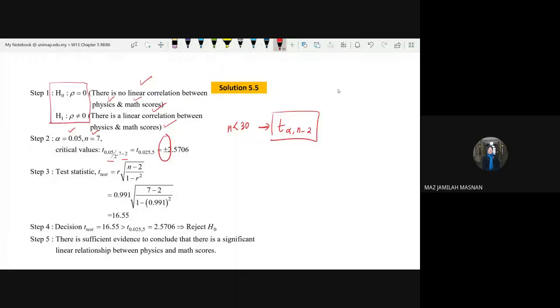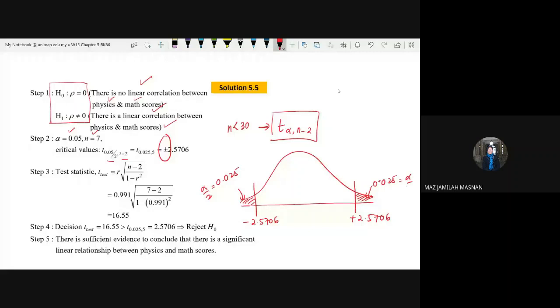If you can imagine a normal distribution, but this is for the student t distribution, we have our negative 2.5706 and positive 2.5706, where this is given by 0.025, and this one is also given by 0.025, alpha over 2.